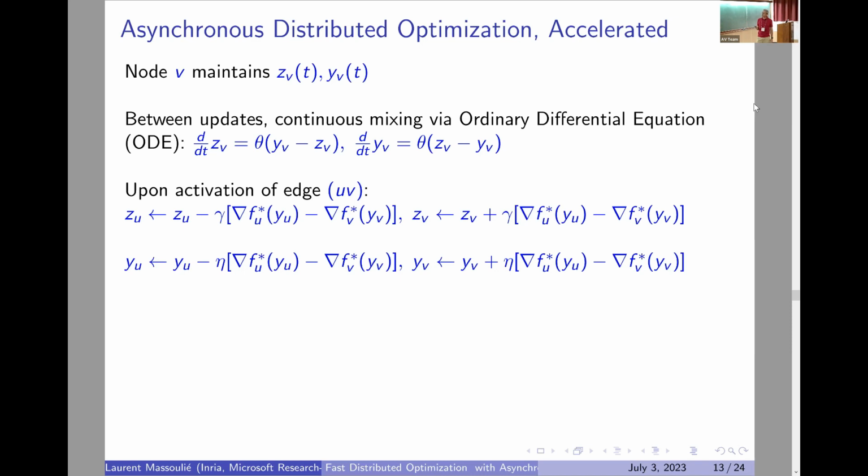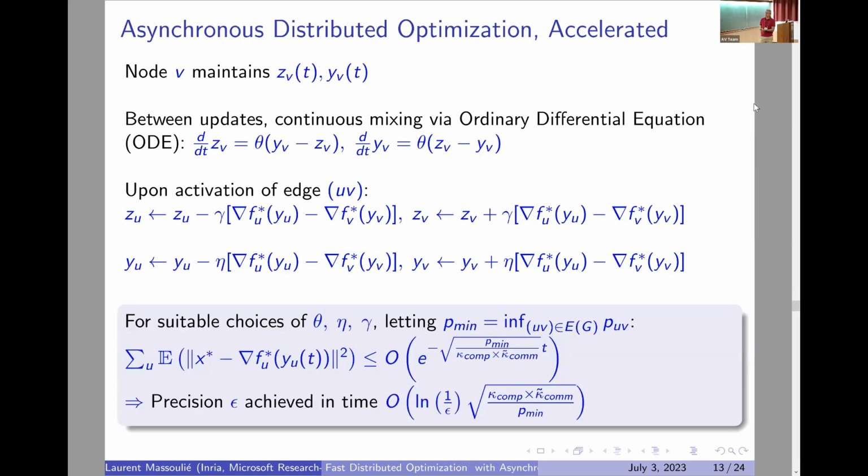So this is the kind of update. And they do that for the update of both of their vectors. So there are two gain parameters involved, but the logic is very similar to the previous one. And this is somehow a version of Nesterov's acceleration, but tailored to this continuous time asynchronous framework.